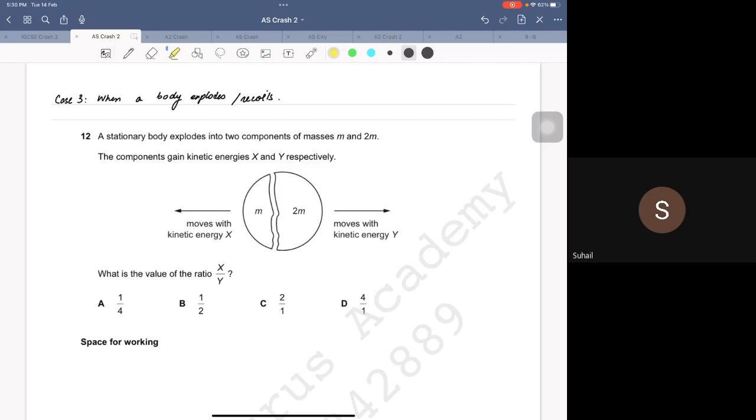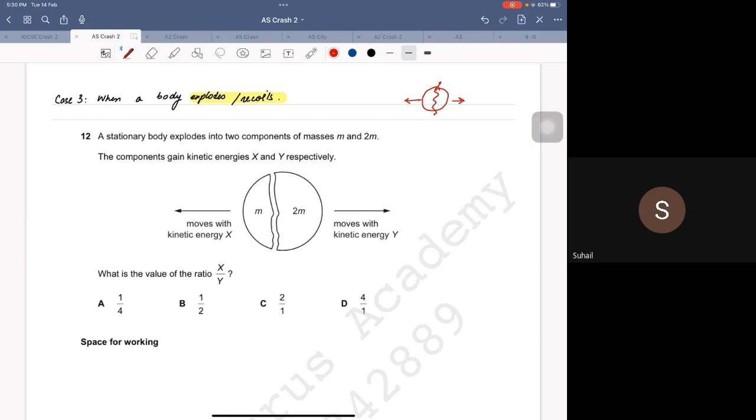So now, for this one, in a case where a body explodes and recoils, explosion and recoils basically means that there has to be one body initially, and then that body might just go in two parts.